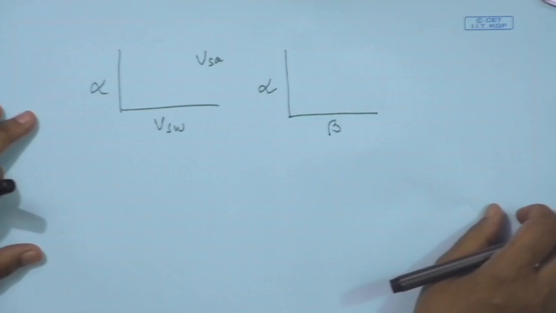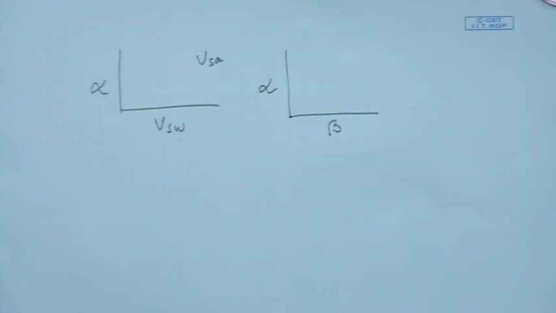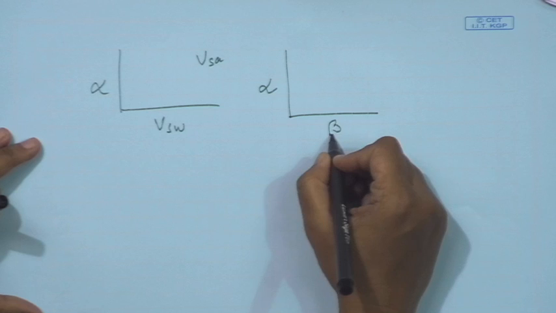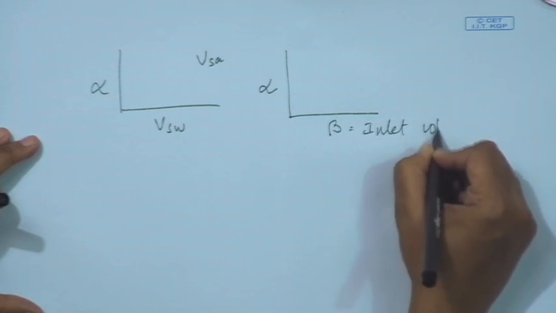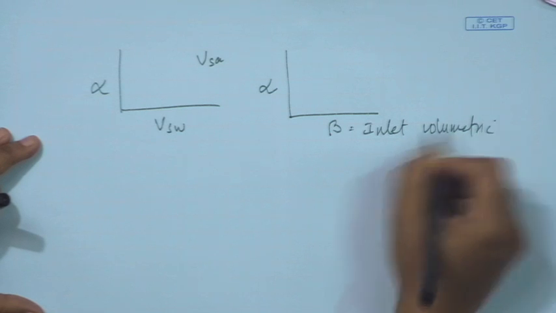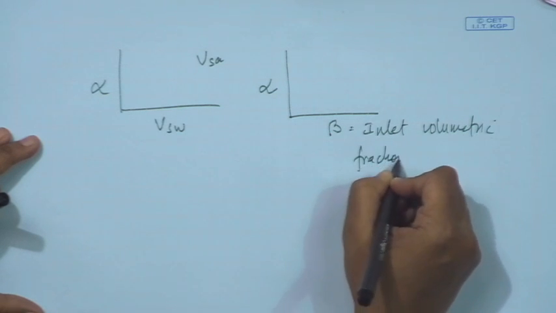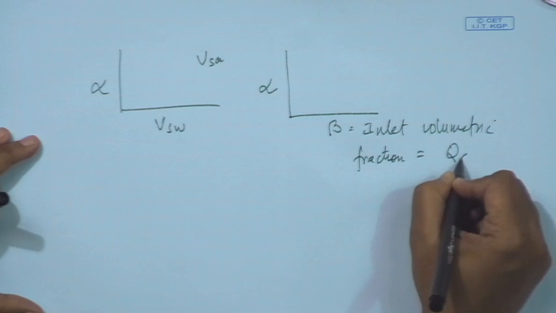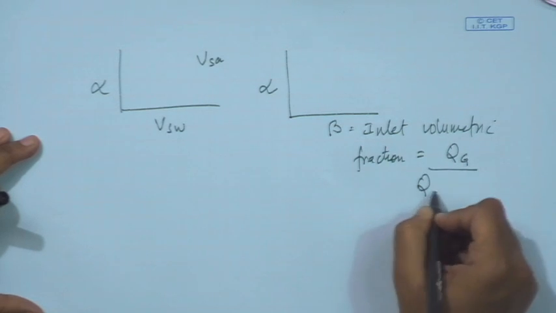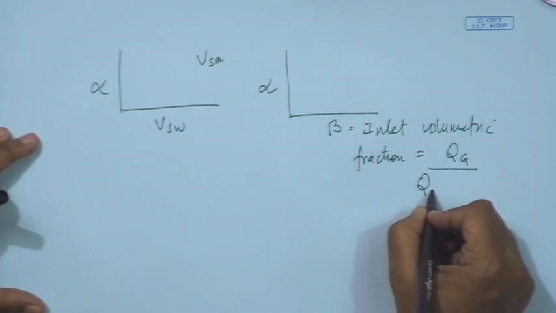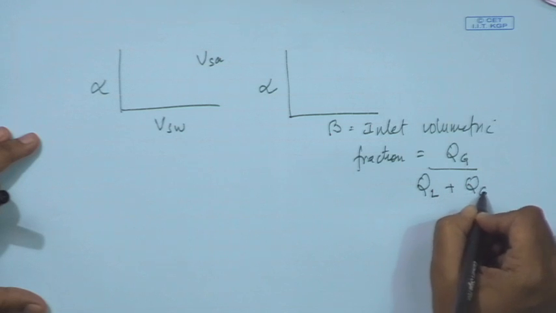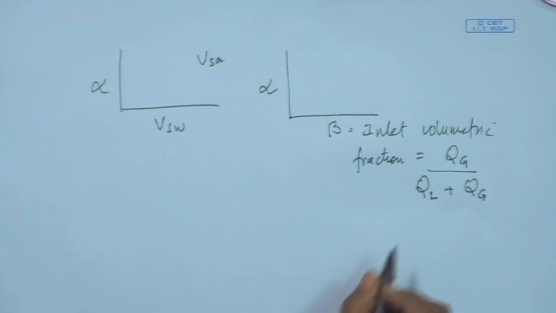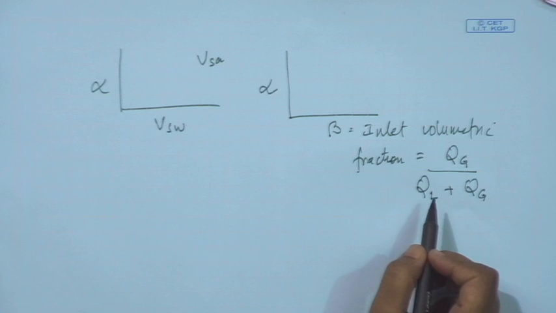If you recall the nomenclature I discussed in the introductory lecture, beta is nothing but the inlet volumetric fraction. It is the ratio of the flow rates of the two phases, and if the two phases are gas-liquid or vapor-liquid, they can be expressed in terms of the volumetric gas flow rate and liquid flow rate.